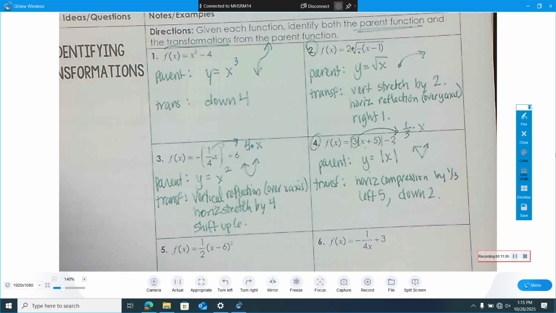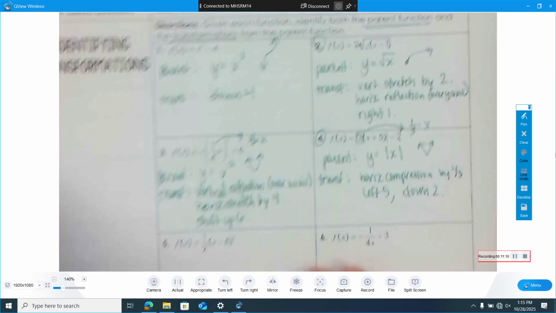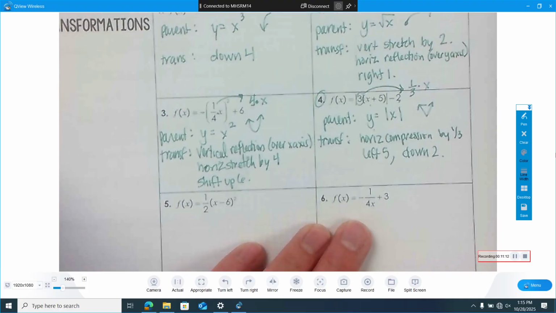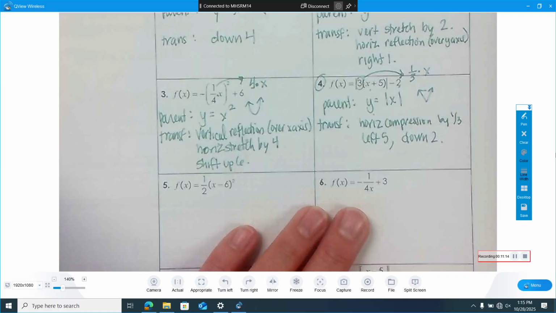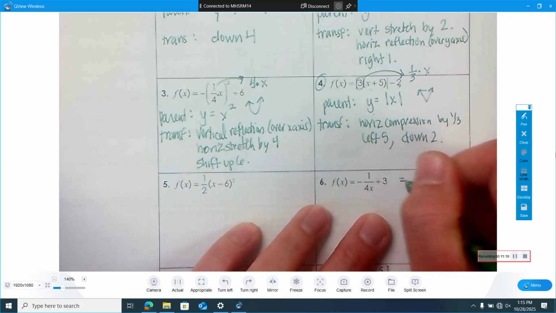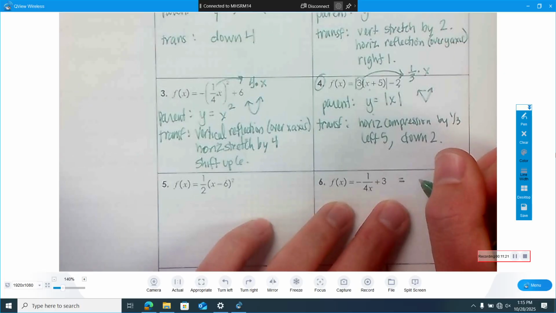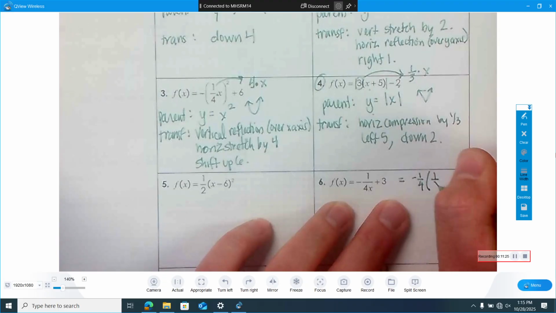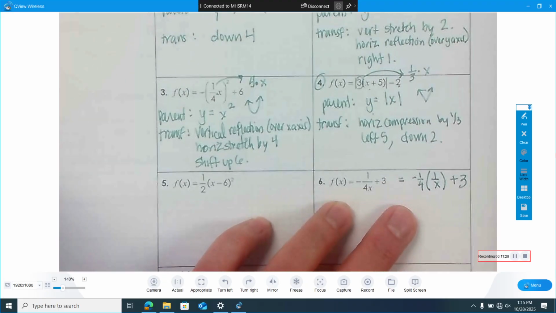Super. Okay, let's see. Let's look at number 6 because this is kind of an interesting one. I'm going to write this in a slightly different way. I'm going to write it like 1/4 times 1/x, and then the plus 3. All right, what function is this?